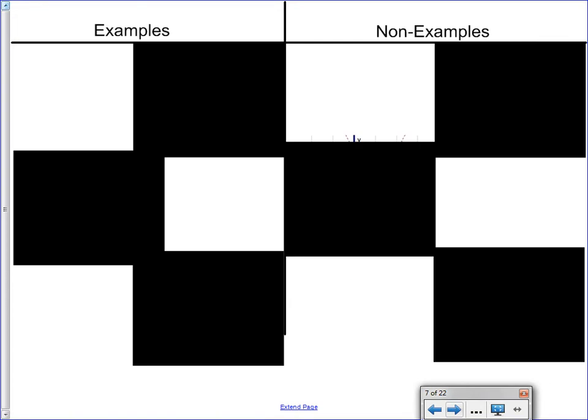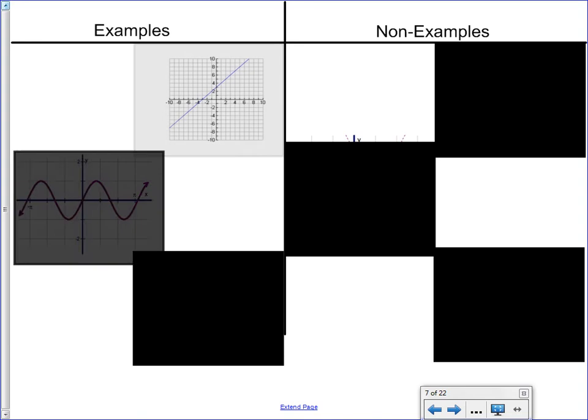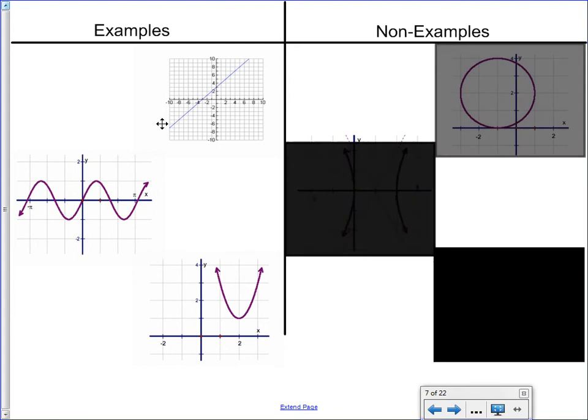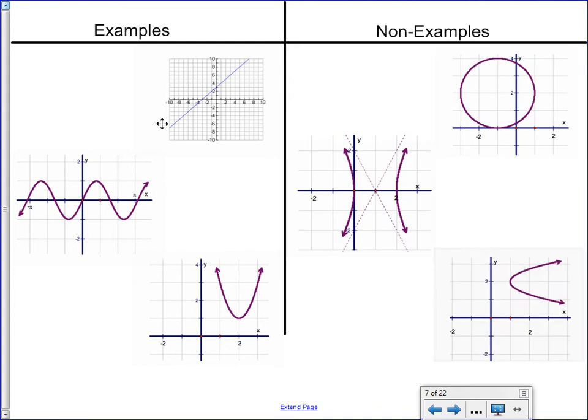I'm going to show you one more with a graph, and we'll see if you can, for some of you, remember this. Here are some examples of graphs where they are a function. Here are some graphs where they are not a function.